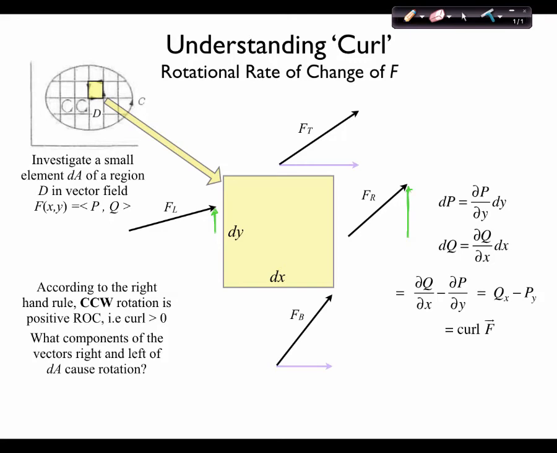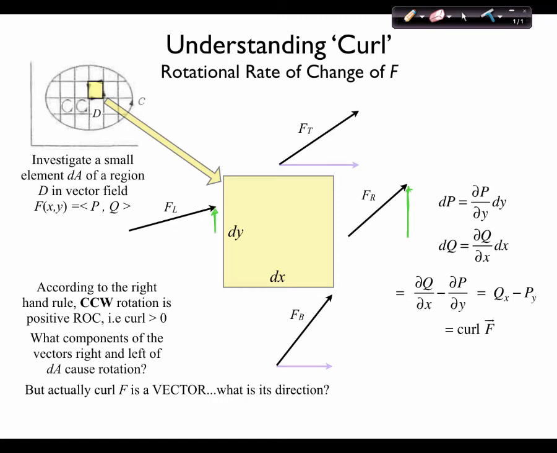But curl is a vector. So what would its direction be? For counterclockwise rotation, what would the direction of the curl be? It's a vector, it has a single direction. Remember the right-hand rule? Counterclockwise rotation, according to the right-hand rule, gives us out of the board.